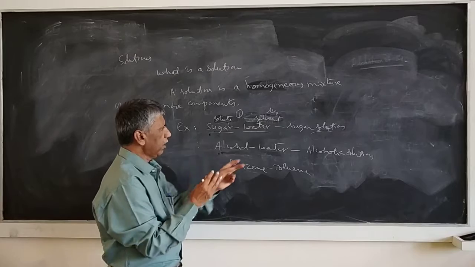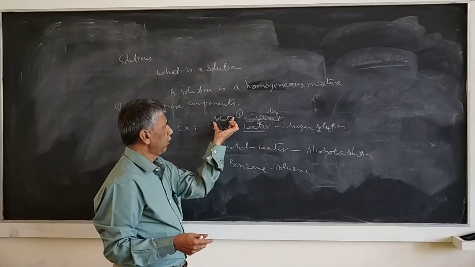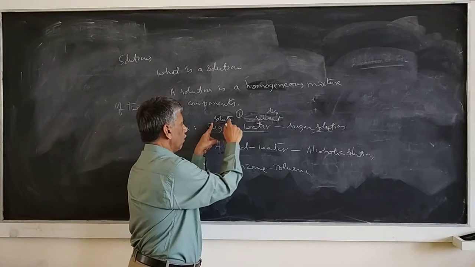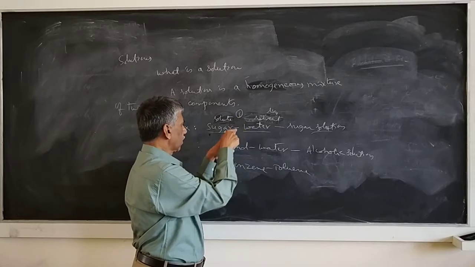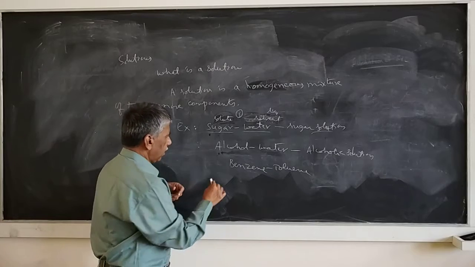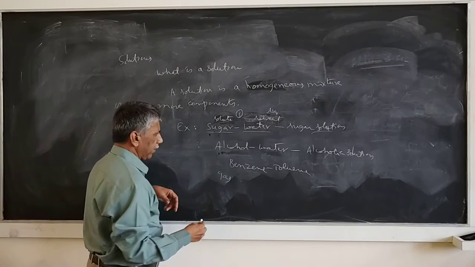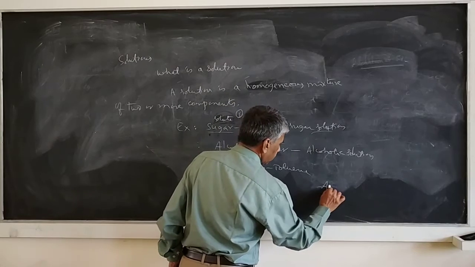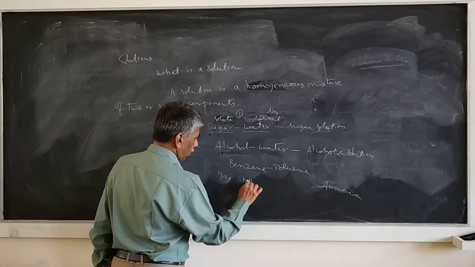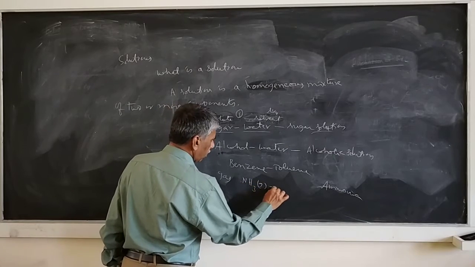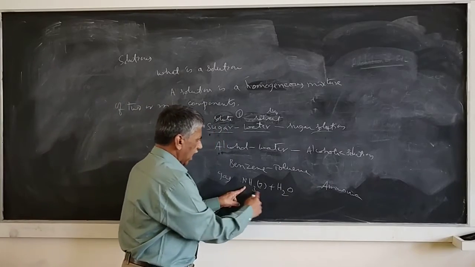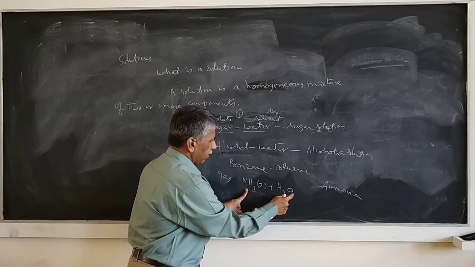A solution mainly consists of a solute and a solvent, and this solute may be either solid or liquid, or sometimes gas also. For example, if you take ammonia solution, you have ammonia gas present in water. So this is an ammonia solution. Here a gas is combined with liquid.